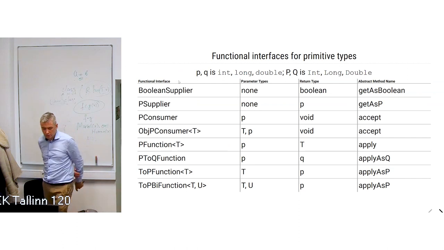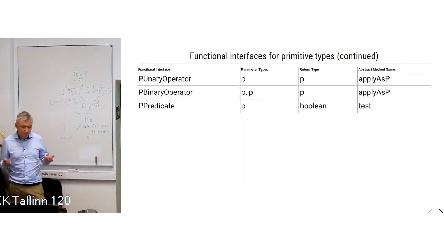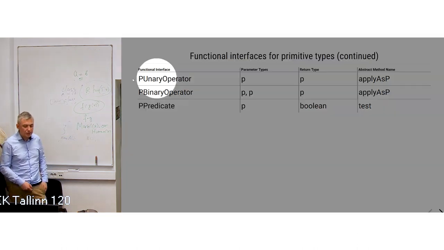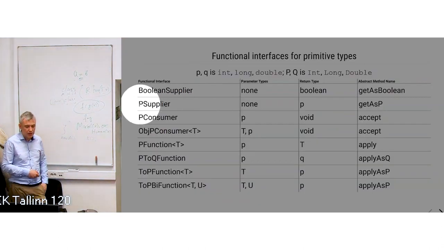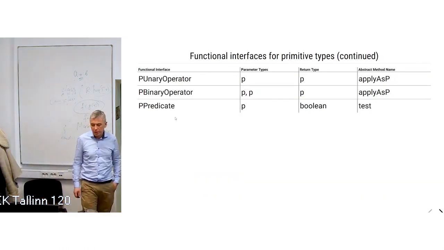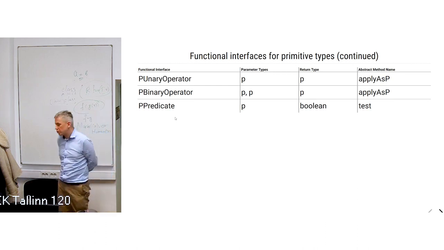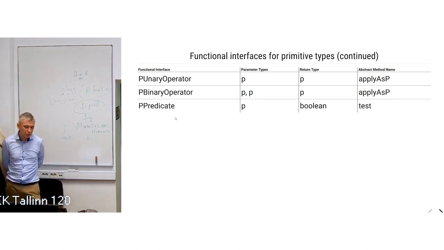But in order to save resources, I can utilize IntPredicate from the standard library. So it's actually not Supplier, it might be IntSupplier, LongSupplier, or DoubleSupplier. And also IntPredicate. It's just been made because of the restrictions of generics. And hopefully in future versions of Java we'll get rid of them. We'll be able to use Predicate of int.